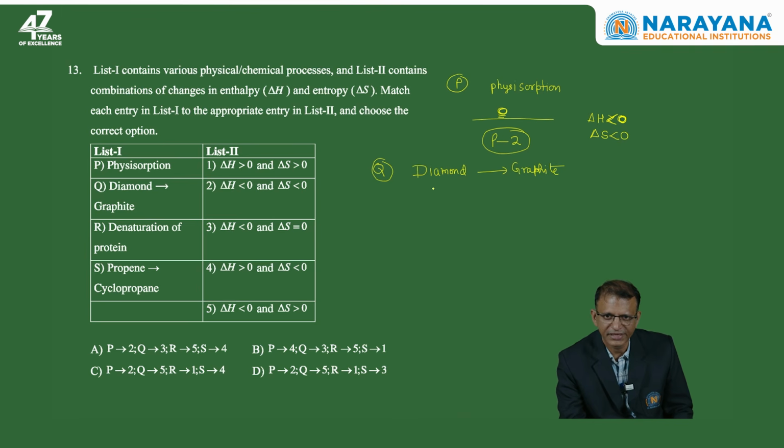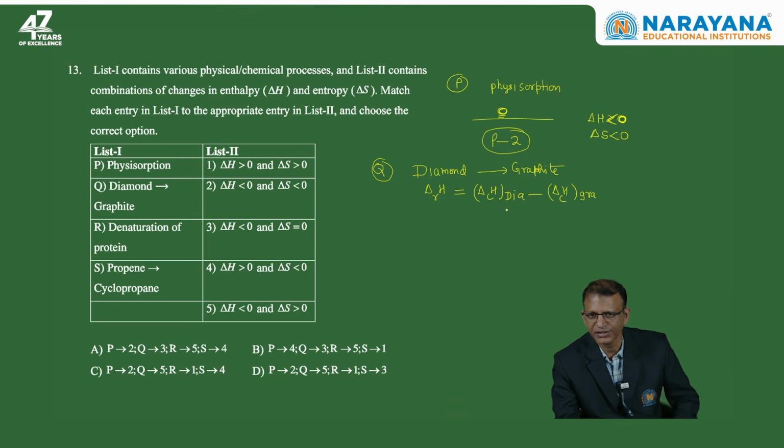So we can write that delta H of this reaction is equal to delta H combustion of the reactant, which is diamond, minus delta H combustion of graphite. And heat of combustion, we know that the chemical species which is thermodynamically less stable has more magnitude of heat of combustion. So here if I am trying to write some value, suppose I say that this is minus A, where the magnitude of A should be greater than the magnitude of B.